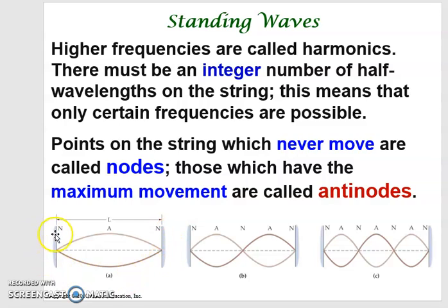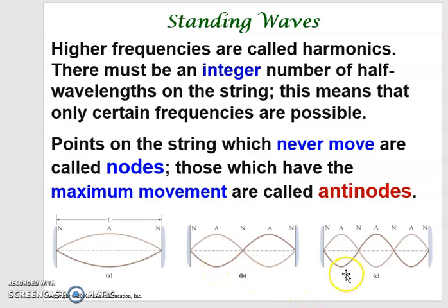I put a capital N here and here. And at the center of the string, it can have the maximum movement. This is called an anti-node. So for the second harmonic, you have 3 nodes, one here, the second one here, and the third one, and you have 2 anti-nodes.